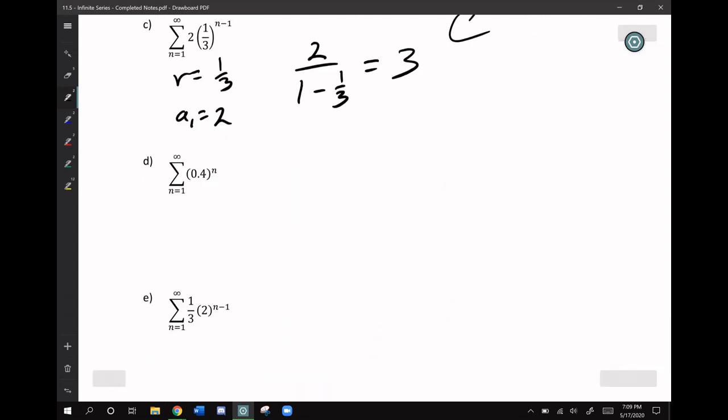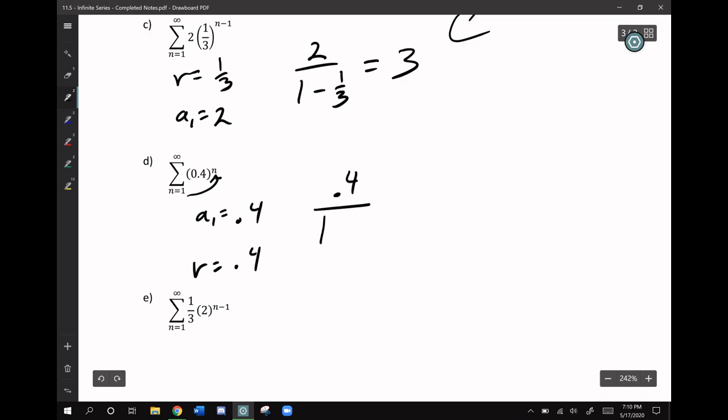All right, this one right here, a sub 1 is clearly equal to, plug in 1 up here, I got 0.4 to the first, that's going to be 0.4. Okay, r is the thing being raised to the exponent, that's clearly also 0.4. So I got 0.4 divided by 1 minus 0.4, which is clearly 2/3.